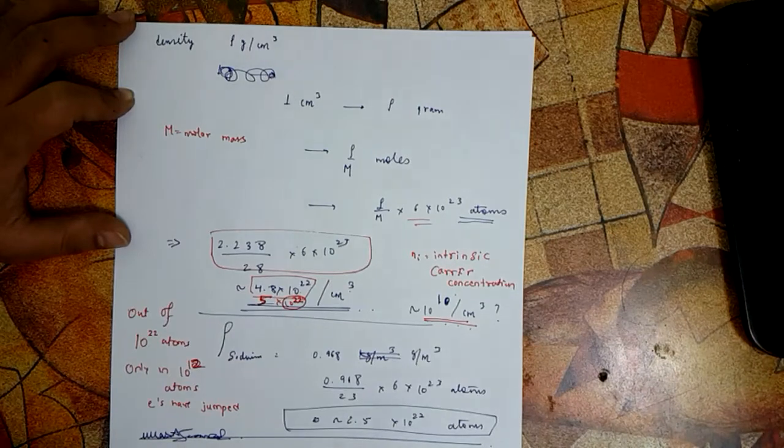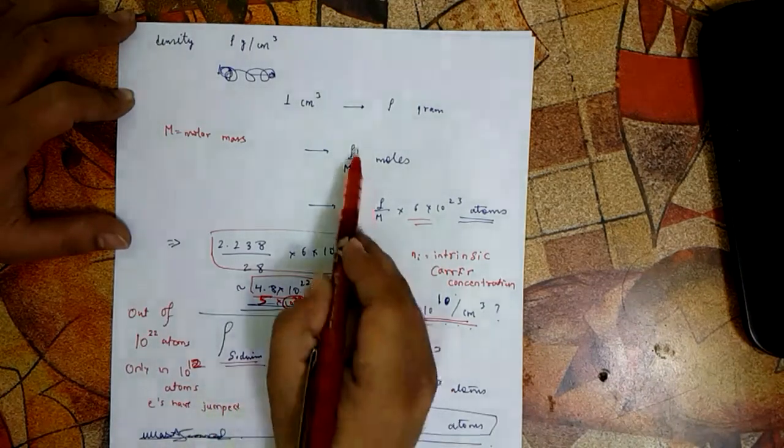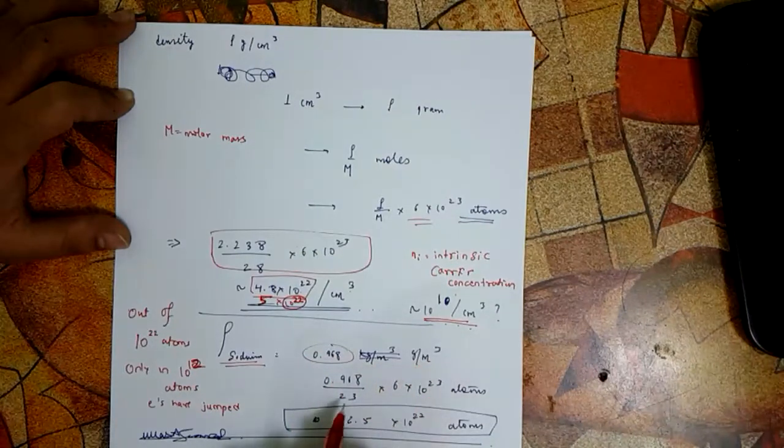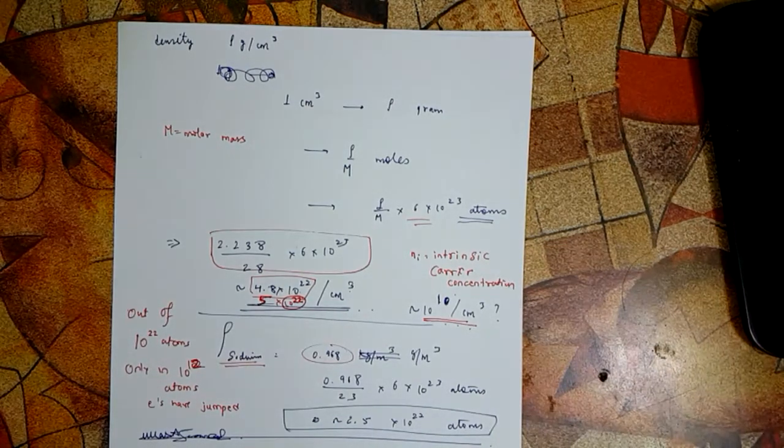Okay, but what about sodium? The density of sodium, rho, is around 0.968 gram per centimeter cube, whereas its molar mass is 23. If you do the same thing, it comes out to be around 2.5 into 10 raised to 22 atoms per centimeter cube. Sodium is highly conducting. Why?